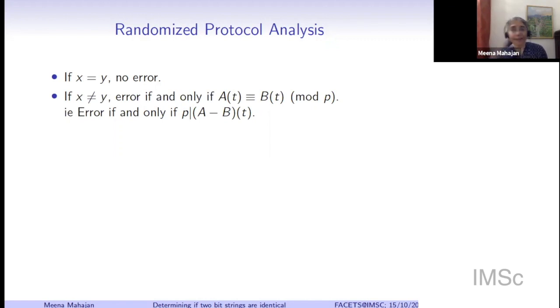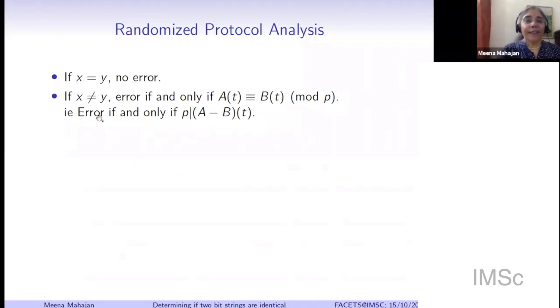It will make an error only when the two polynomials, a and b, that Alice and Bob have, don't evaluate to the same value on t, but evaluate to values which are the same modulo p. So over Z_p, these two values must be the same.